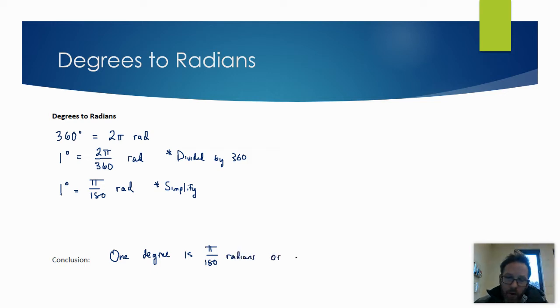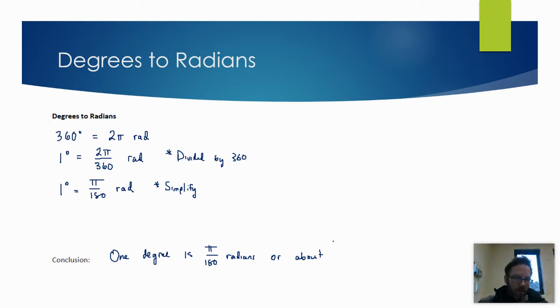If you're curious about what that is, it's pretty small. Pi divided by 180. Let's see how small. I'll use 3.14159 divided by 180. Okay, that's not a lot of radians.